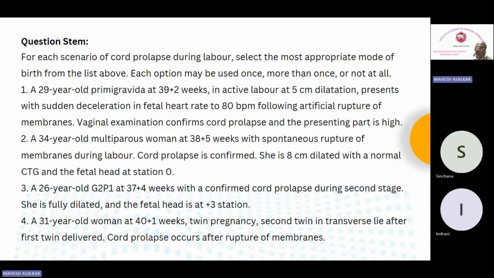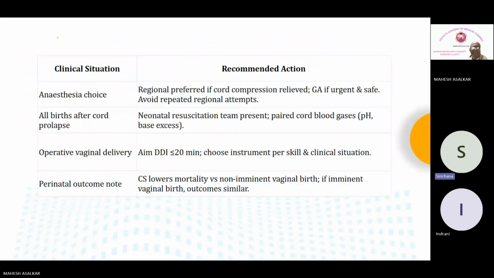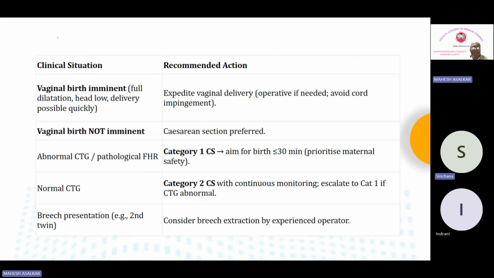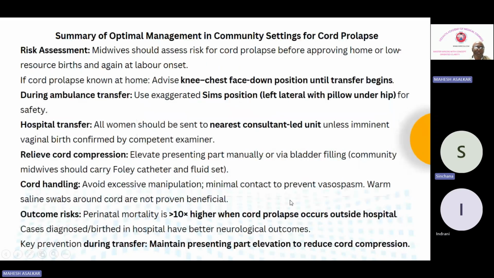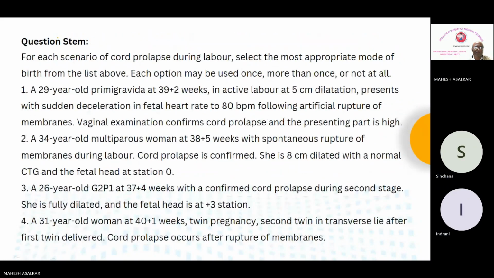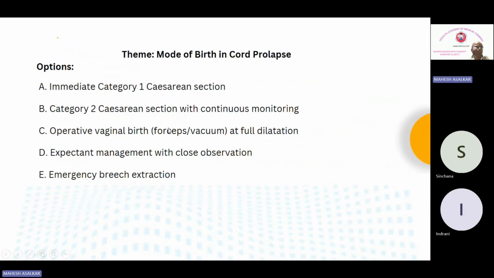Expectant management we have not discussed anywhere. If you see all the slides, they are talking about expedited delivery, operative if needed. Operative means operative vaginal delivery. The head delivers quickly, so we are going to go ahead with instrumental delivery, at full dilatation and station plus 3. Either forceps or vacuum. As we have seen, the instrument of choice will depend upon the comfort of the surgeon.